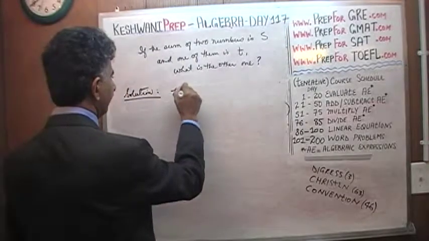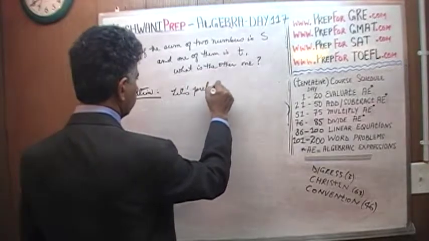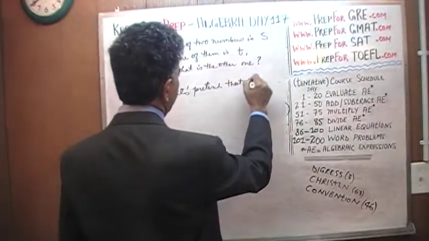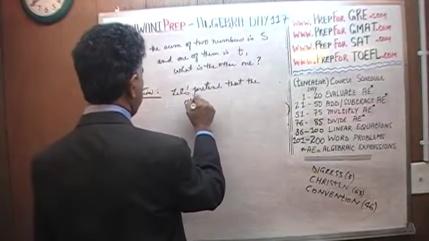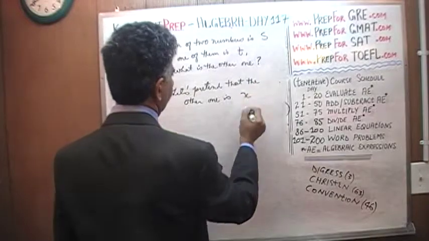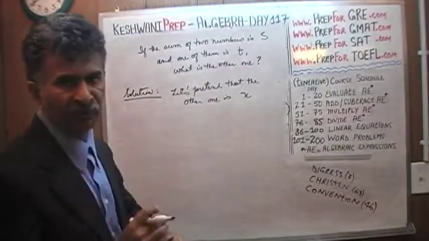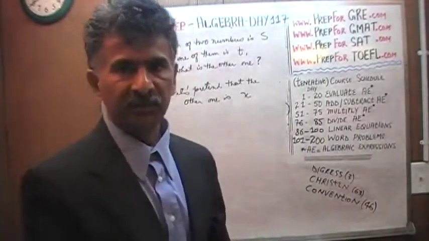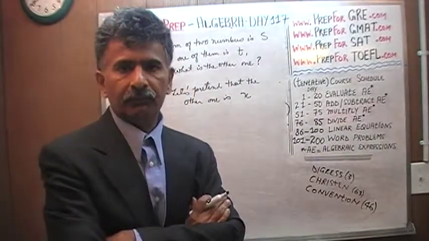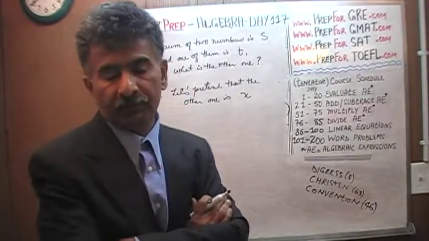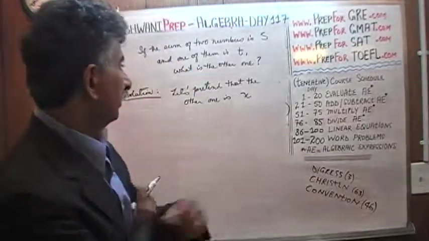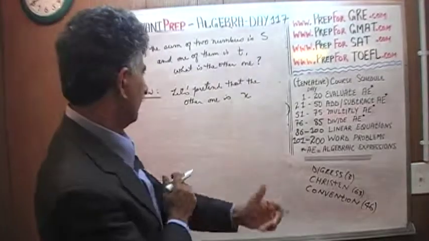Let's pretend that the other one is X. X is the traditional variable that we use to represent the unknown. We could have used U, S, T, U if you wanted to.